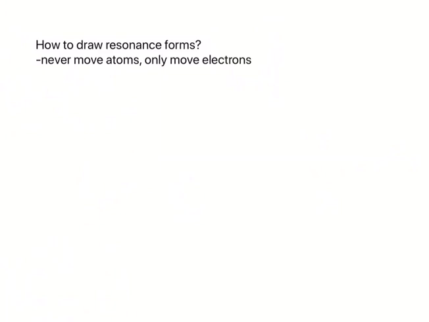To draw resonance contributors, resonance forms, we have to follow a few rules. The first one is that we never move the atoms. So we never move atoms, we only move electrons. But what type of electrons? Only pi electrons and lone pairs.